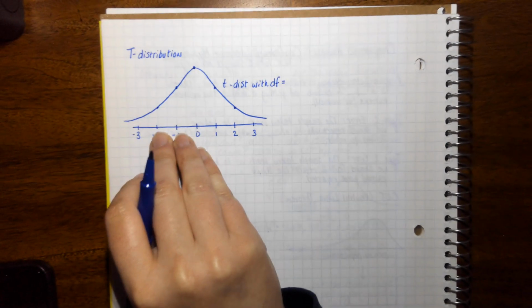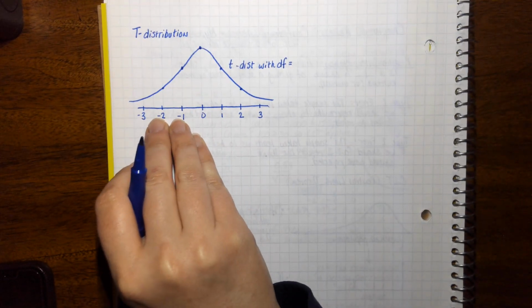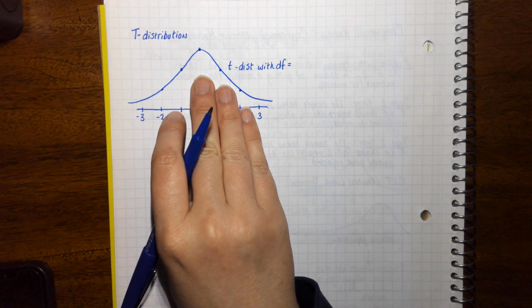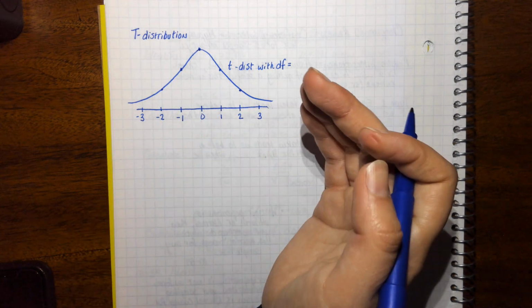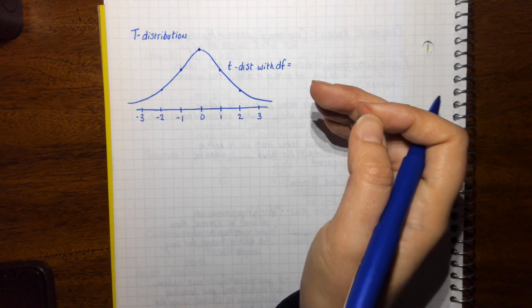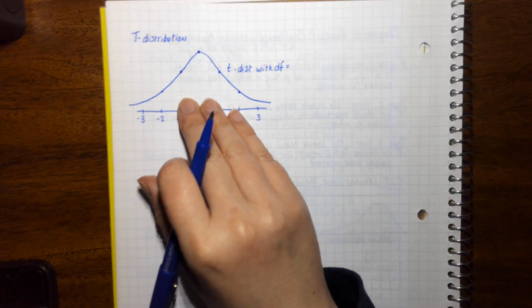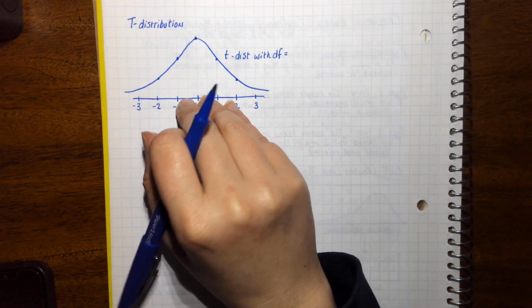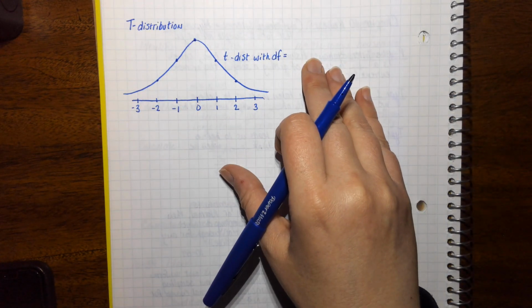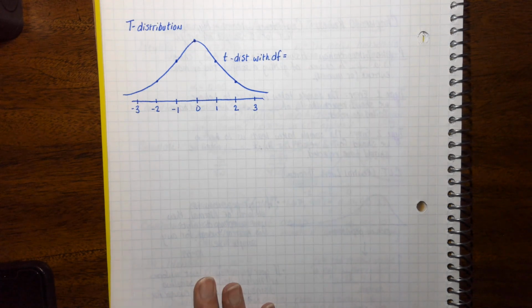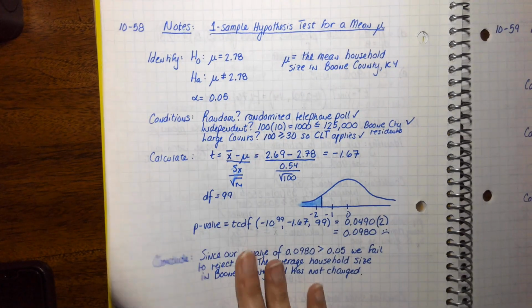When you make a t-distribution graph, you need to label the degrees of freedom on it, because that is the only thing that identifies which t-distribution it is. Remember, there are infinite t-distribution graphs, one for each degrees of freedom.